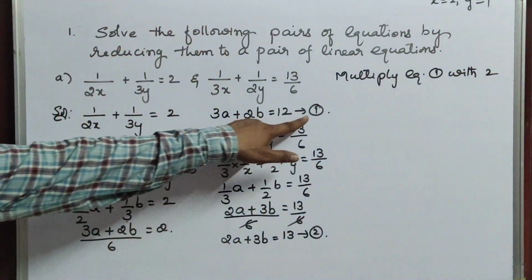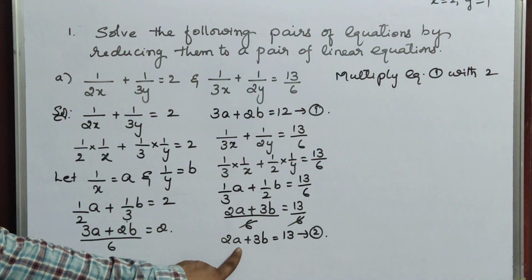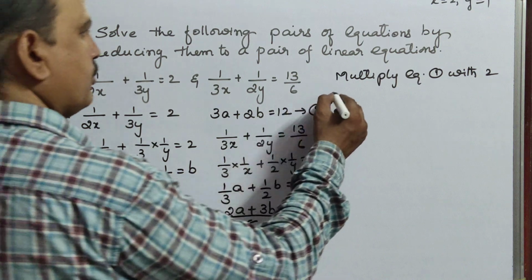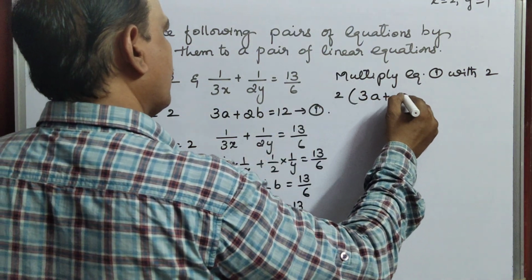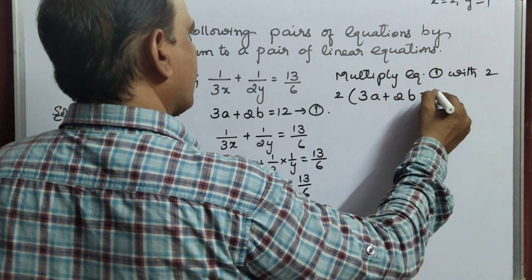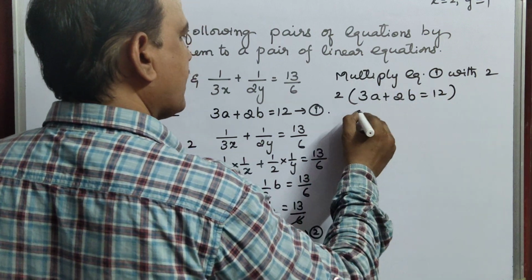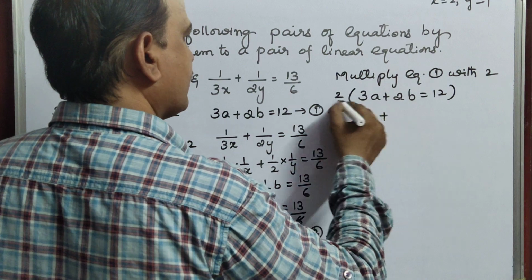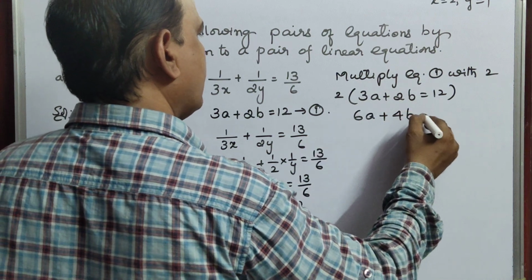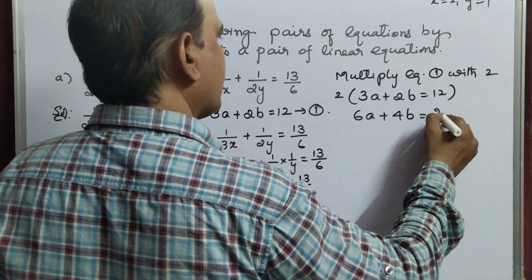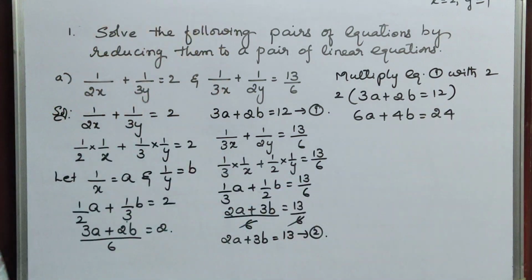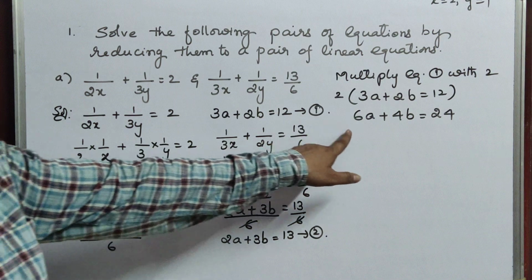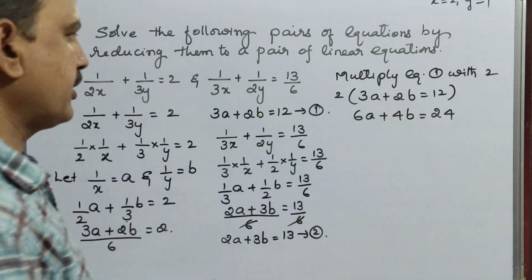So 2 into 3a plus 2b equals 12. That is 2 3s are 6a plus 2 2s are 4b equals 2 12s are 24.